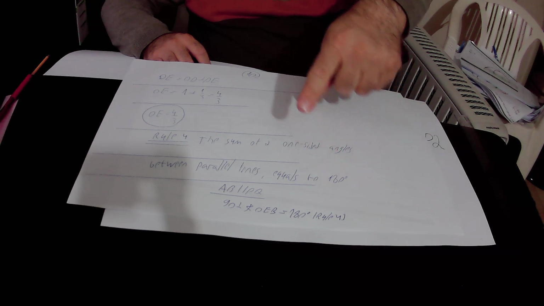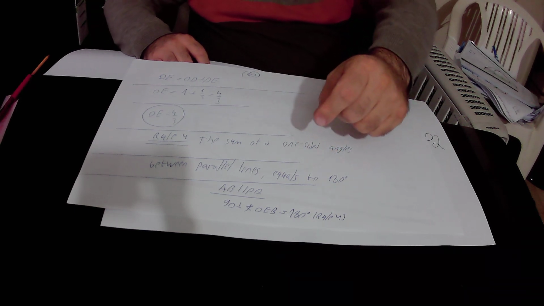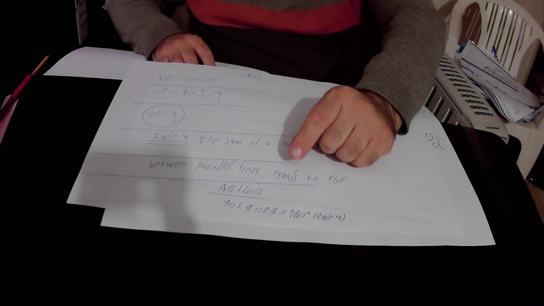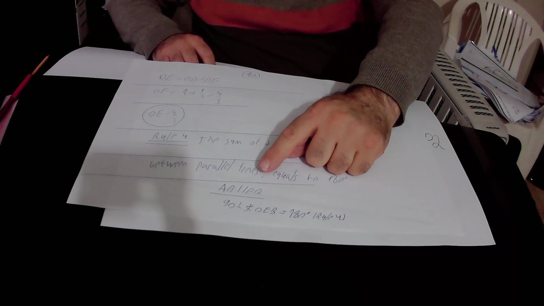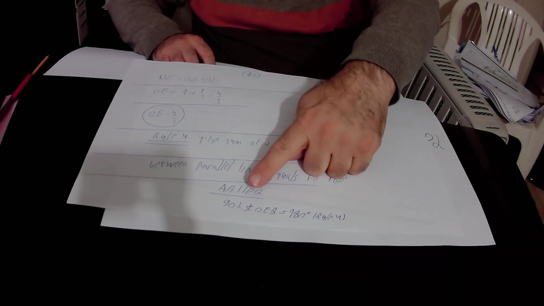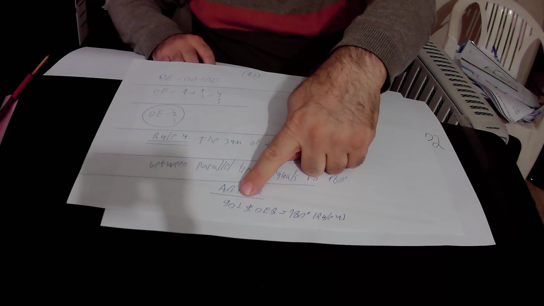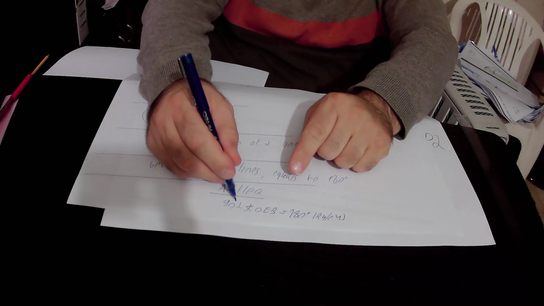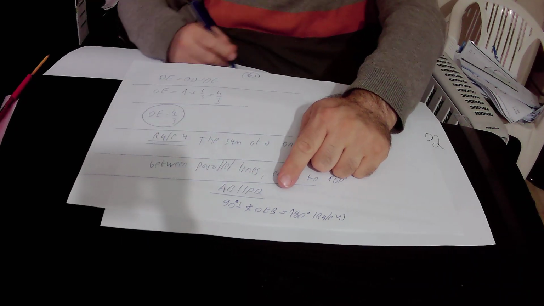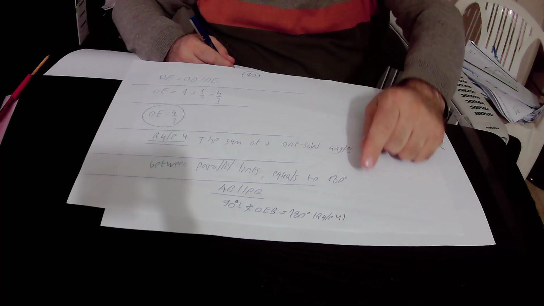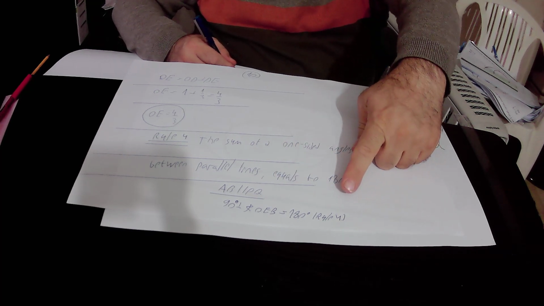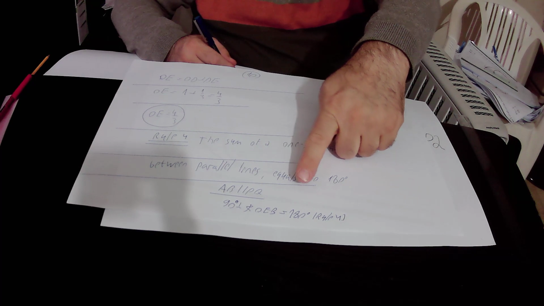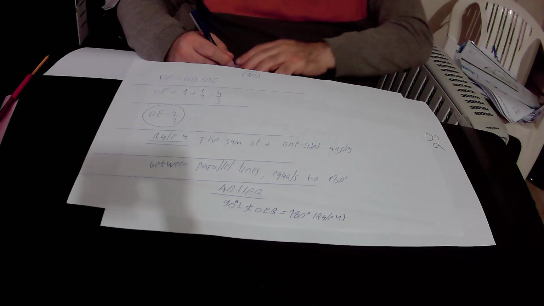The two angles are: the first angle equals 90 degrees, and the second angle is angle OEB, and according to rule number 4, the sum of those two angles must be equal to 180 degrees.